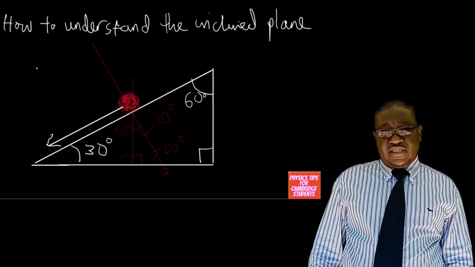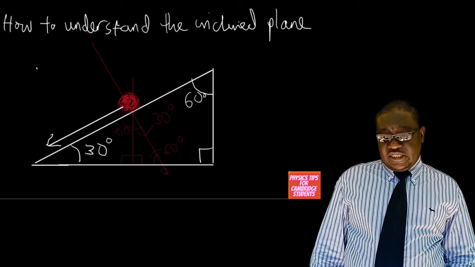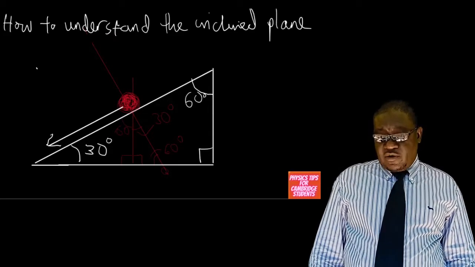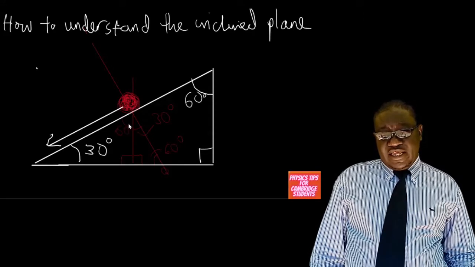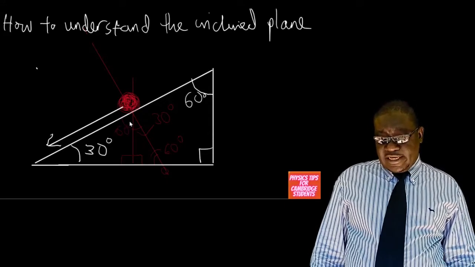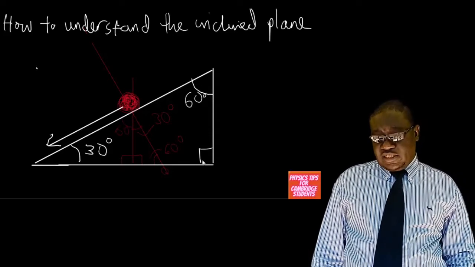As I said, this angle is 30 degrees, so we have a 60-degree angle on the other side. Which means there's another triangle that is made with the same angles as that one.